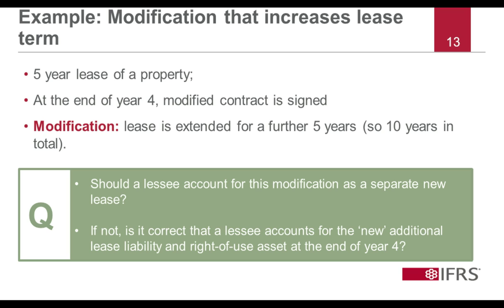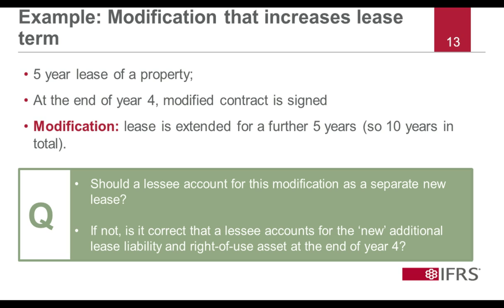This is a good example because it really clarifies some of the principles that we've talked about on the last couple of slides. With an increase in lease term, as opposed to adding the right to use new underlying assets, as soon as the modification is agreed, the lessee already has possession of the underlying assets over which it has agreed additional rights of use.